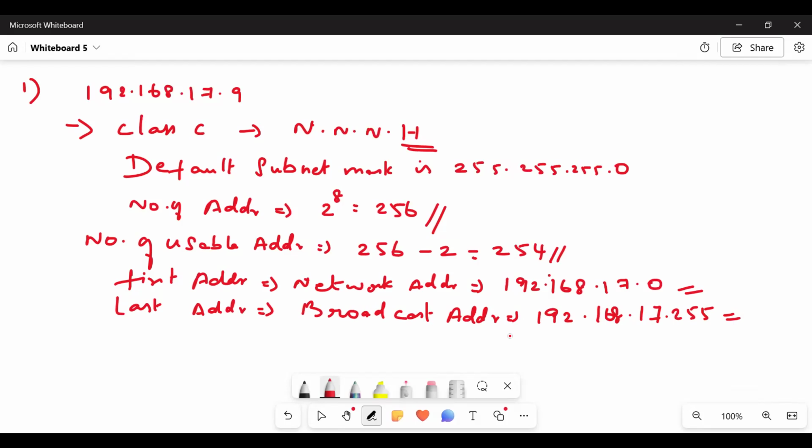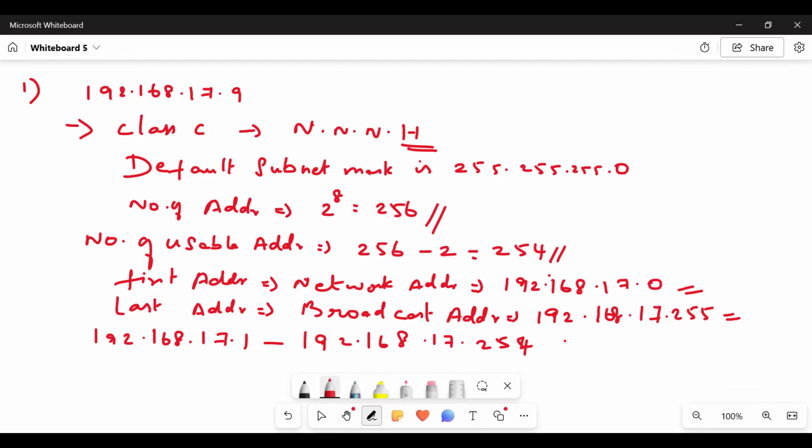The in-between addresses we are going to allocate for the given hosts. That is, 192.168.17.1 to 192.168.17.254.